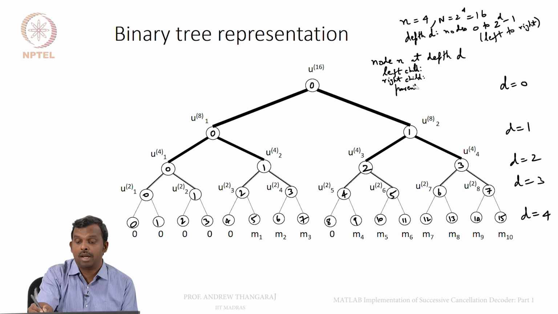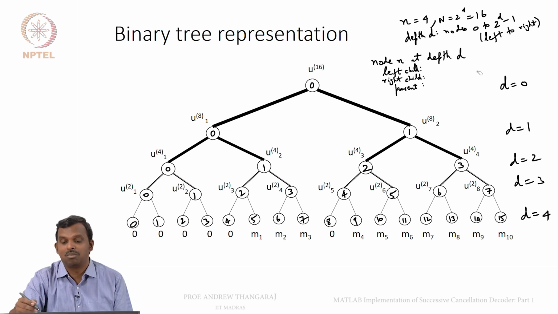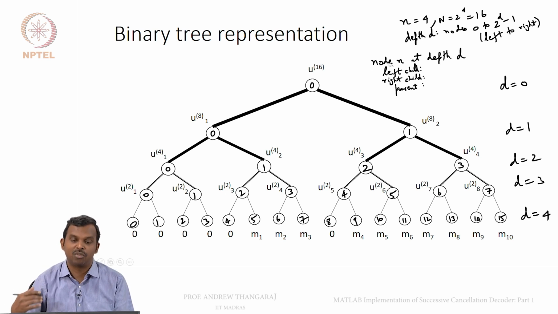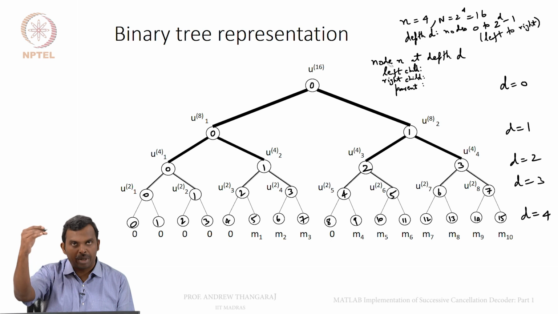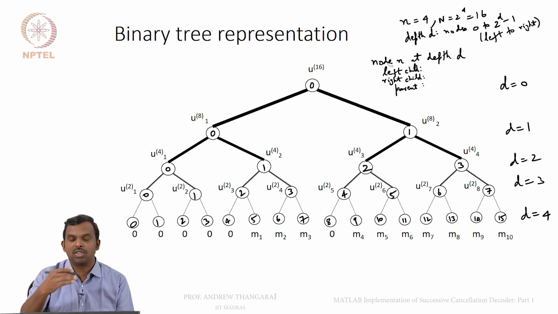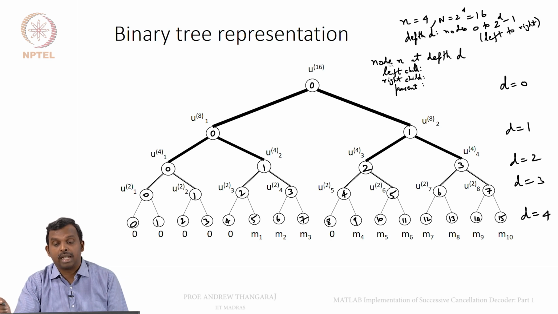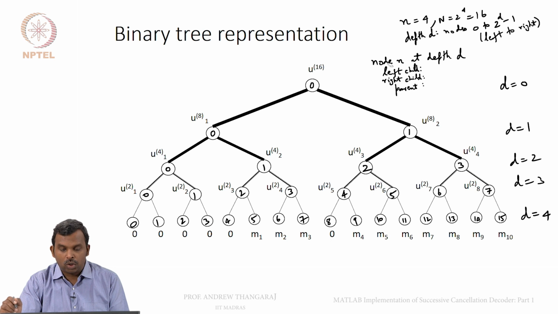To avoid trivial cases, we'll assume it's an interior node so that you don't have the issue of leaf or root. Root has no parent, leaf has no children. So for node n at depth d, what is the left child, right child, and parent? You can look at it very closely.